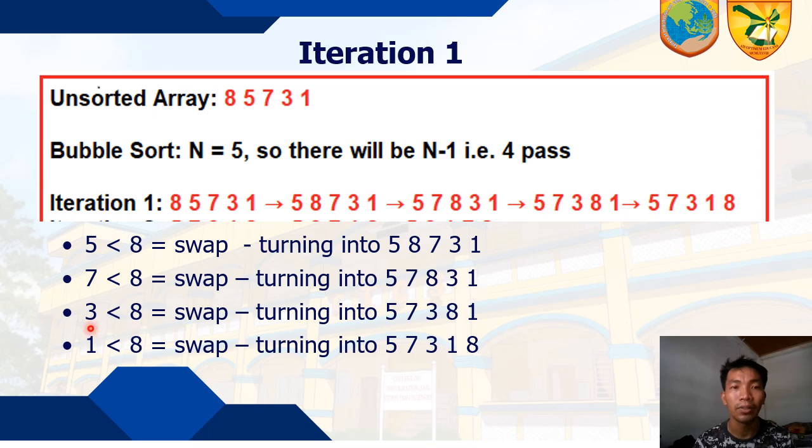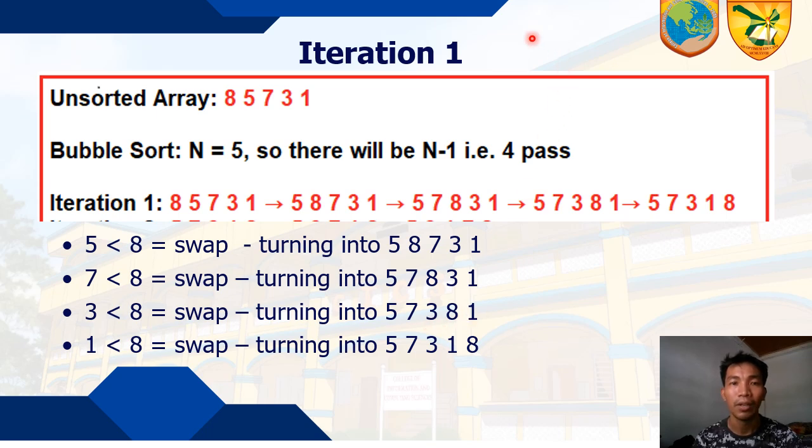Now the next element 3 is compared with 8 and 3 is less than 8. So we swap them, which results in a new sequence 5, 7, 3, 8, and 1.